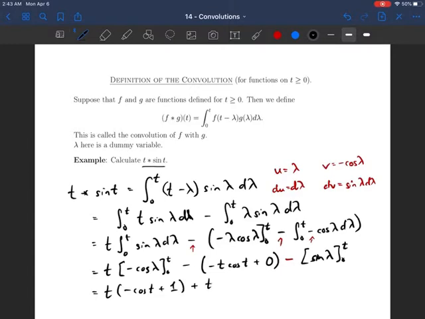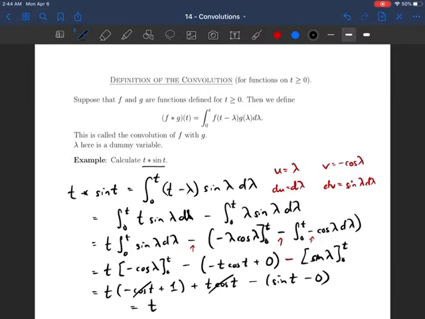All right, so now plugging into our first term, we have t times negative cosine t plus 1 plus t cosine t, and then minus sine t minus 0. All right, so our t cosine t's are going to cancel, this guy and this guy.